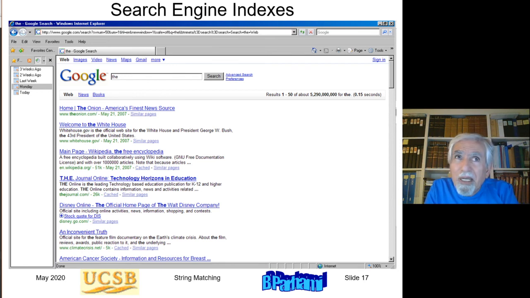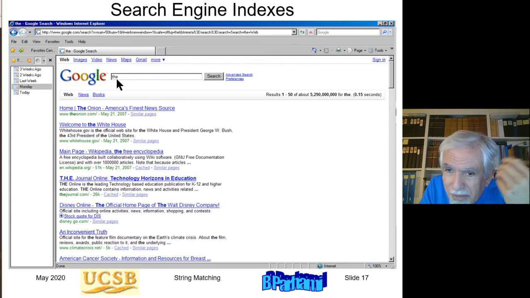Okay, so a few other interesting examples and we'll be done. So, I decided to search for the word the, THE, knowing full well that many documents contain the word the. In fact, perhaps almost every document has it. So I try to see what happens.